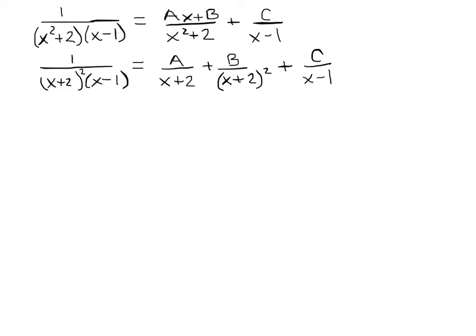Okay, let's see. We also need to look at what would happen if we had, say, for instance, 1 over x squared times x plus 2 times x minus 1.